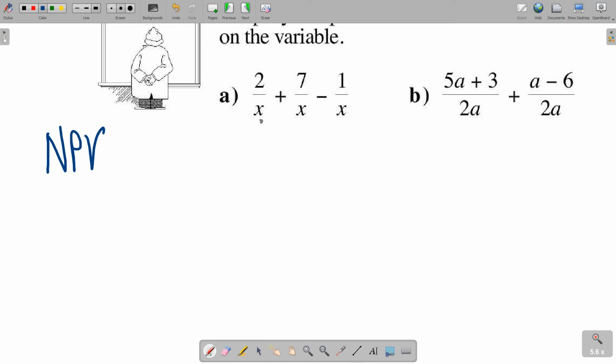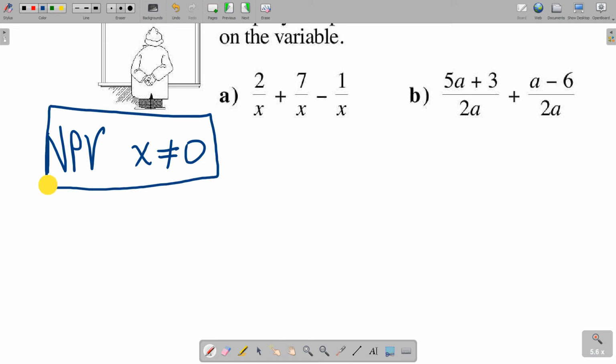Right away, these are monomials, one term. That's easy. X cannot be 0. That's simple. That's the starting point. That's actually worth part of your mark right there by saying what X can't be, even in these processes. Because they're the same denominator, we can proceed to say all of these particular fractions can be combined over X.